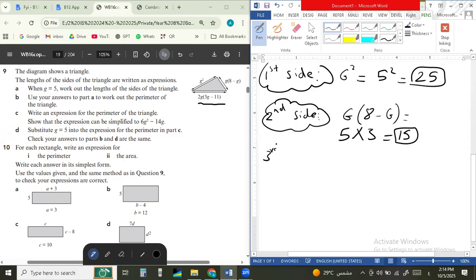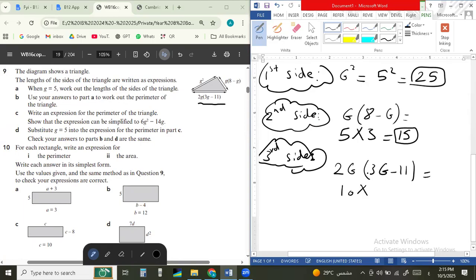The third and the last side, they're saying to you it is 2G multiplied by 3G minus 11. 2G means 2 times 5, which is 10, times 3G means 3 times 5, which is 15, minus 11 is 4, equals 40.